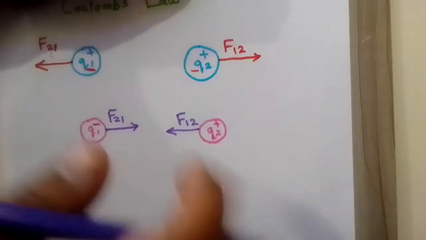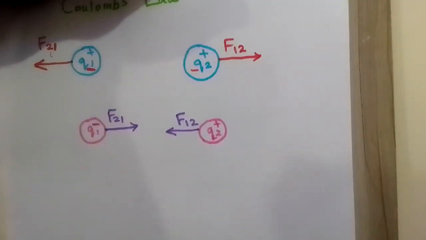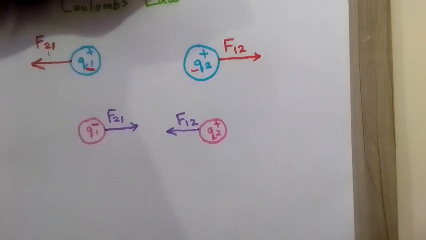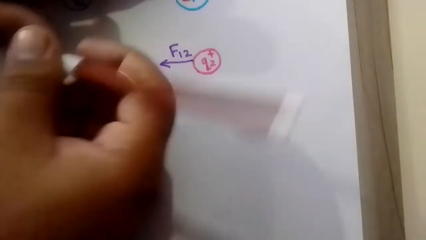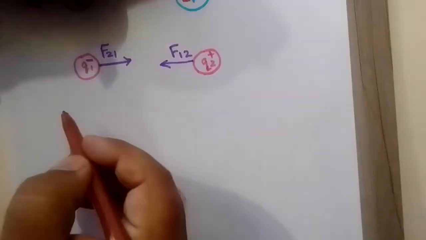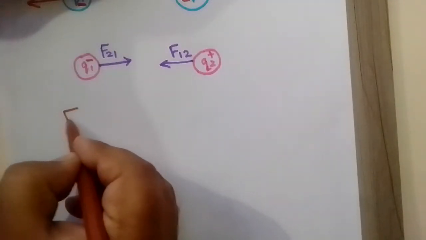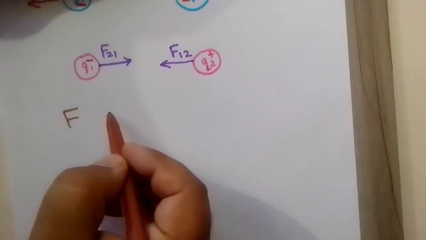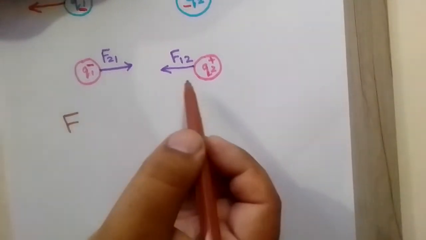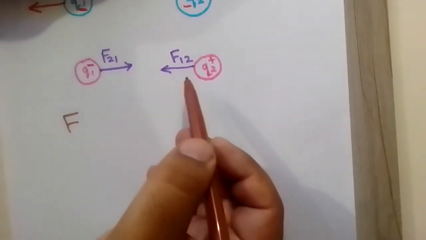So let us see Coulomb's law. Coulomb's law states that we have two charges q1 and q2. The force between these two point charges is directly proportional to... the force F between these two point charges can be either F21 or F12.